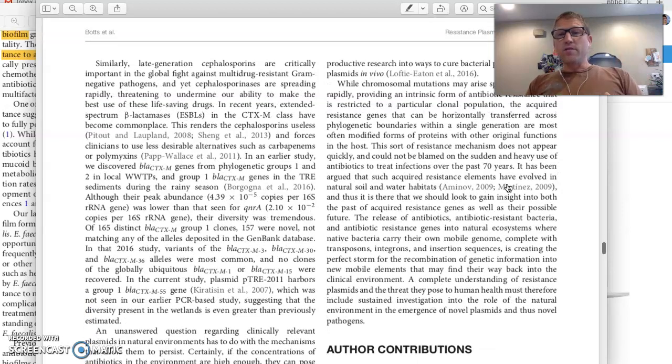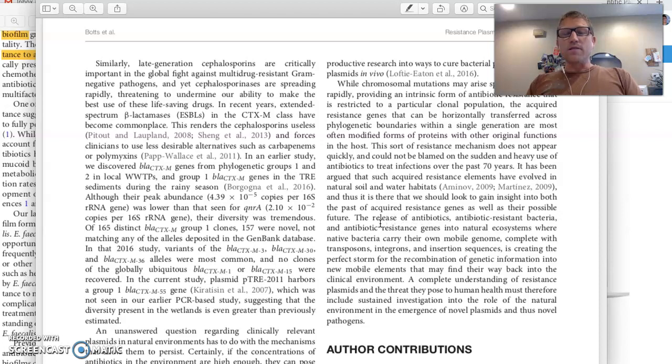Some people have argued that they've evolved in natural soil and water habitats, and so looking in places like wetlands makes perfect sense because that may be where the raw material is mutating and changing and shuffling and rearranging before it comes into clinically relevant organisms.